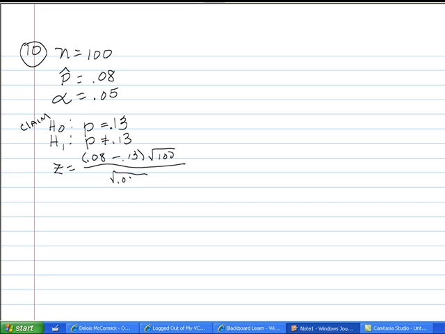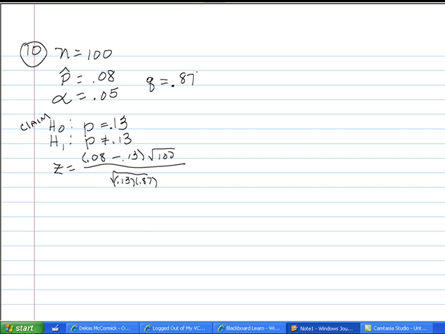P hat or p? It might be p. It's pq. Okay. So let me get the right one in here. 0.13 times 0.87. Since p is 0.13, q would be 0.87.